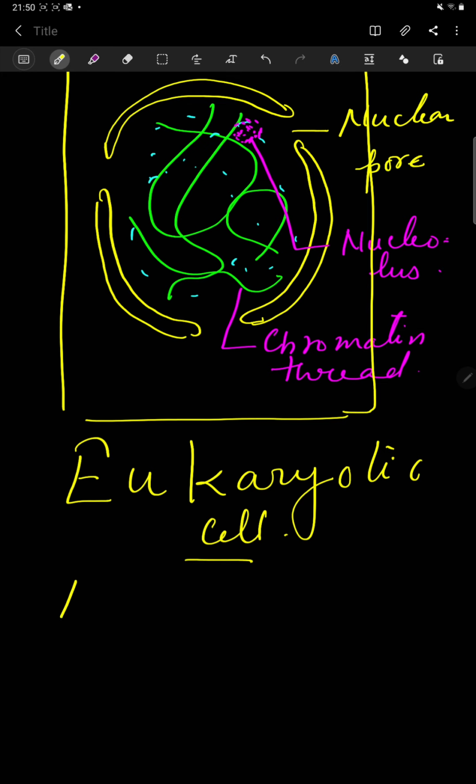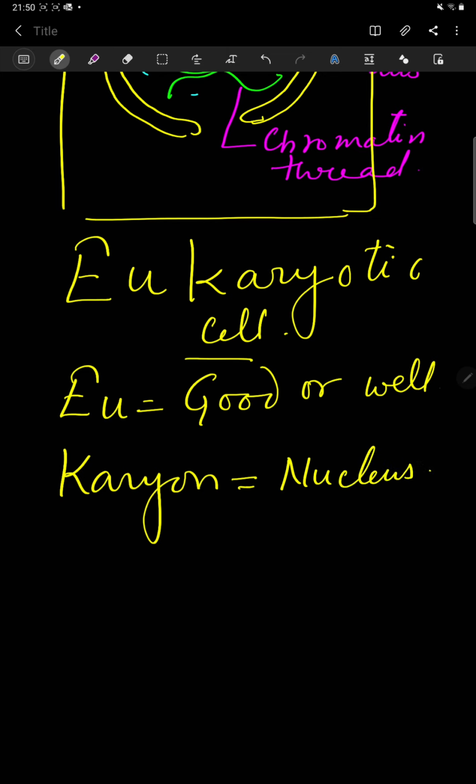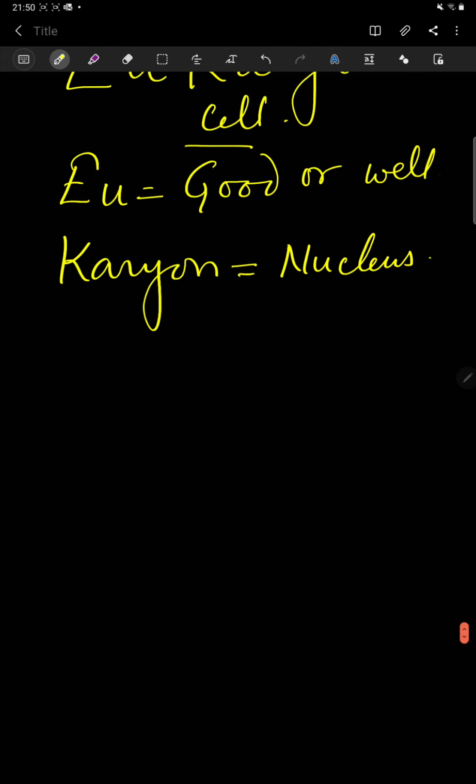Eu is a Greek word equal to good or well, W-E-L-L, and the second term is karyotic, karyon, K-A-R-Y-O-N. The meaning of karyon is nucleus. That means the cell which contains a well-developed nucleus is to be termed as a eukaryotic cell.